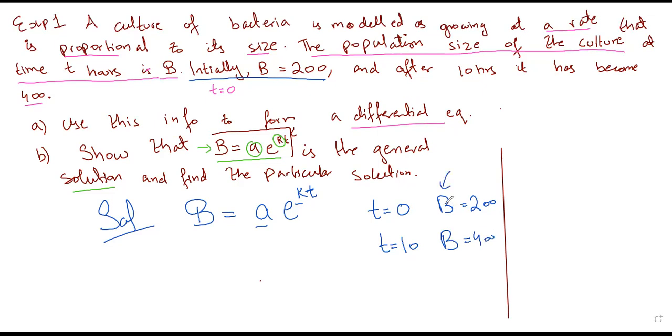Yes. Okay. Now we have to find A and K. In order to find A, I can use this. So I will have B equals 200 equals A e to the 0, because T is 0. So this implies that A is 200.